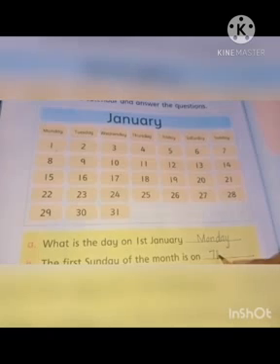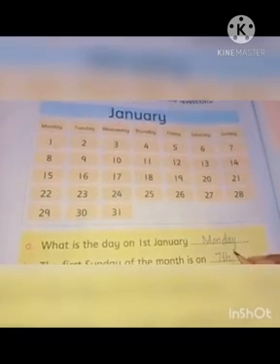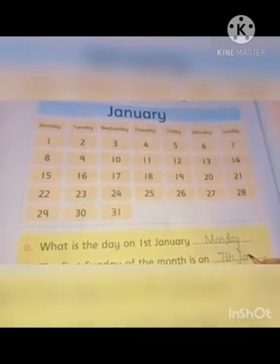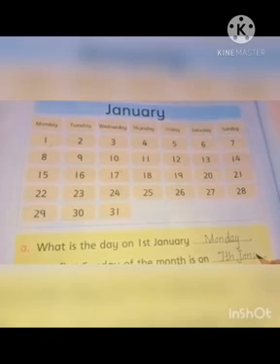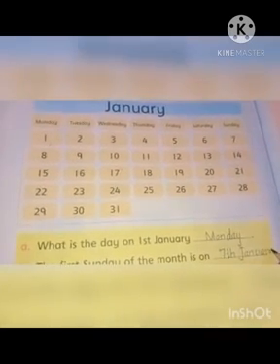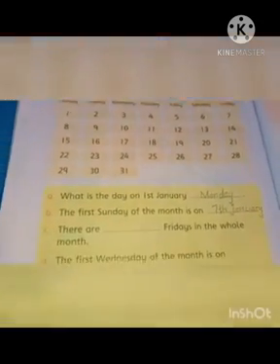J-A-N-U-A-R-Y. 7th January. Go for the next one.